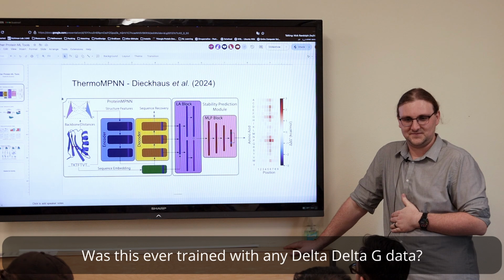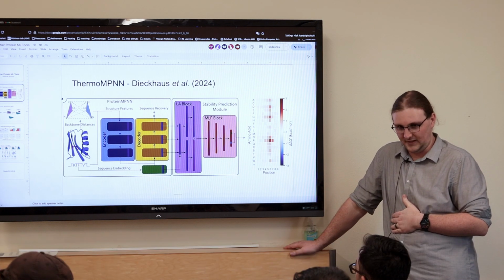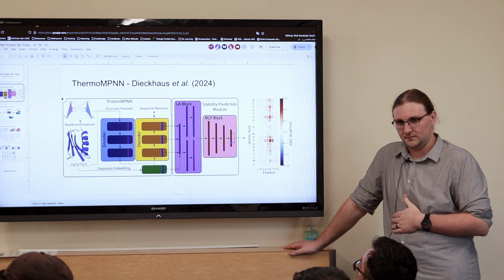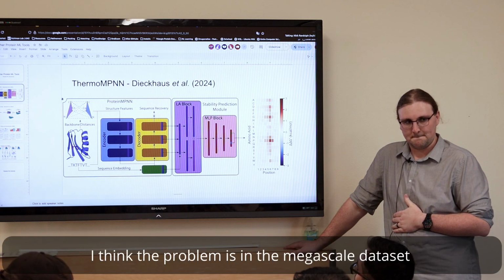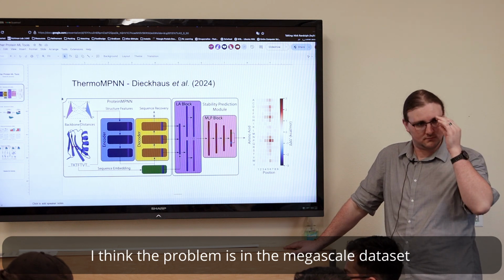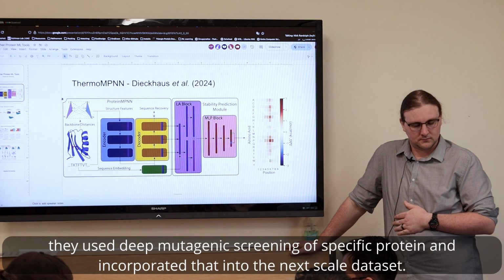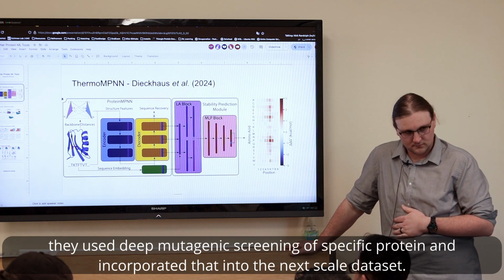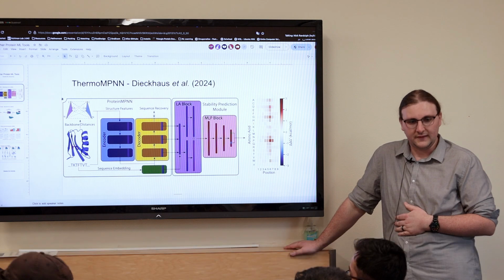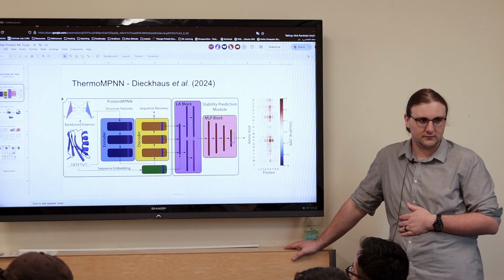Was this ever trained with any delta G data? Yes, the Rockland dataset does have delta G data measurements. So I think the problem is in the mega scale dataset, if they use the deep mutational screening of specific proteins and incorporate that into the mega scale dataset, or they just verify different sequences. They had a bunch of proteins, around 300 or so, but they're all mini proteins.